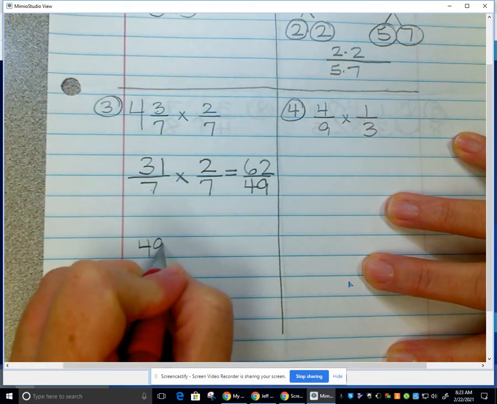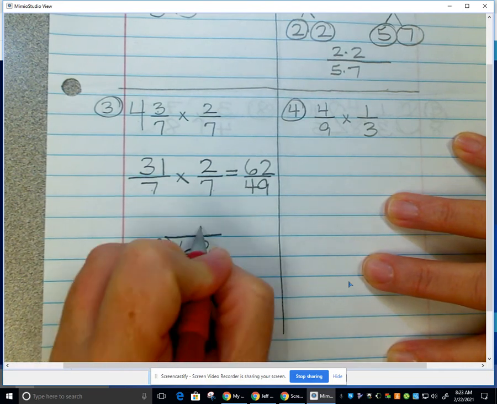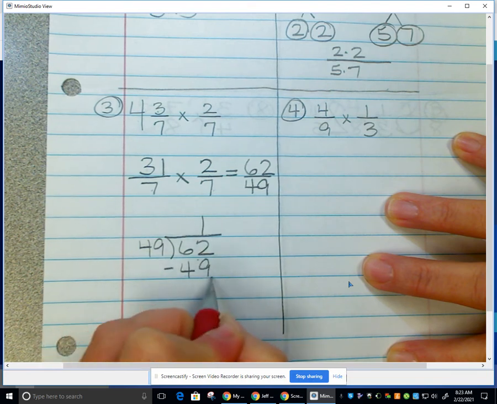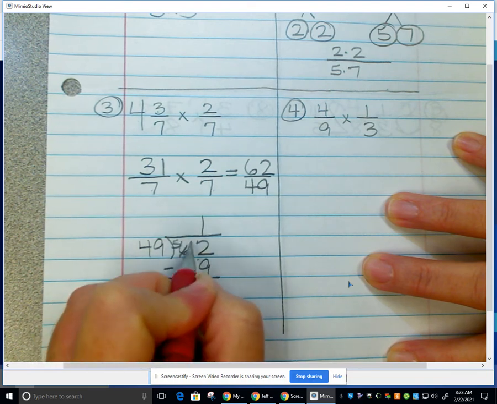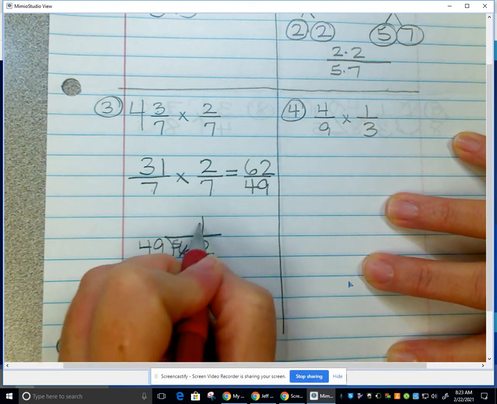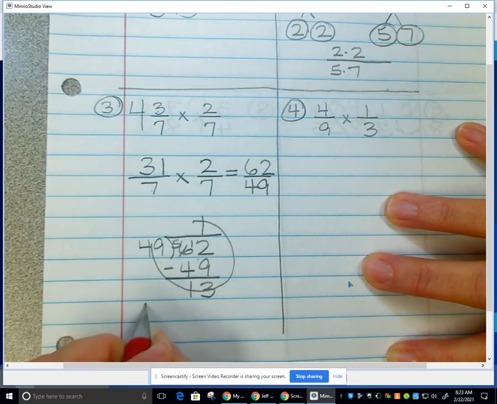So I'm going to divide 49 into 62, and it will only go one time. 1 times 49 is 49. Subtract. Gives me 13. I'm going to stop and rock around the clock. 1 and 13 49ths.